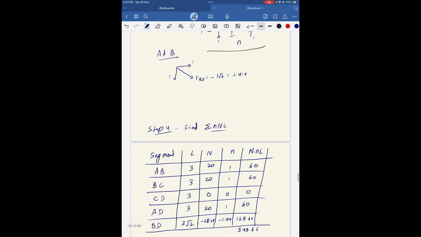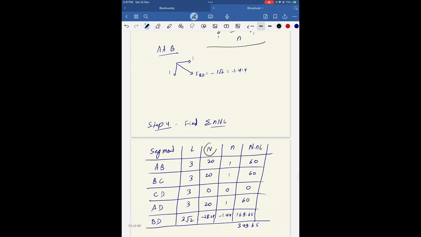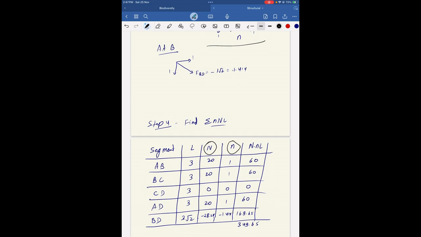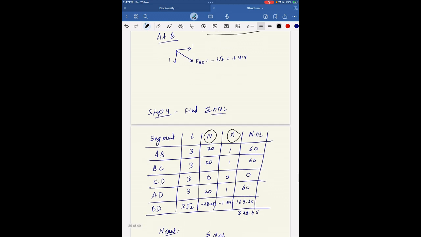Then we find the summation of N, n and L. N is the load on the member due to the original load, n is the load on the member due to the unit load at our desired location, L is the length of the member, and this is the multiplication of all these 3 values. So we find this.